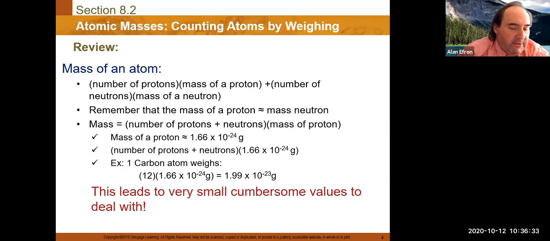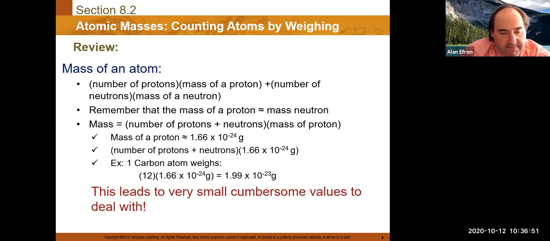Both are found in the nucleus, and most of the mass of the atom is made up of that nucleus. So it makes sense that we think about the mass of an atom as being made up of those protons and neutrons.